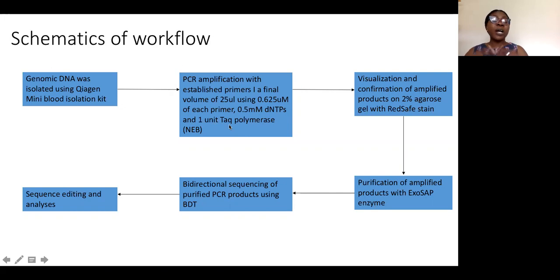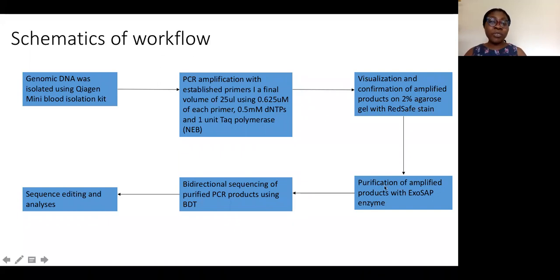Now, after amplification, we had to confirm that these genes were truly amplified before we sent them out for sequencing downstream. We did that by visualizing the product on 2% agarose gel. Only those samples that amplified were taken further for downstream purification using an enzyme called ExoSAP.